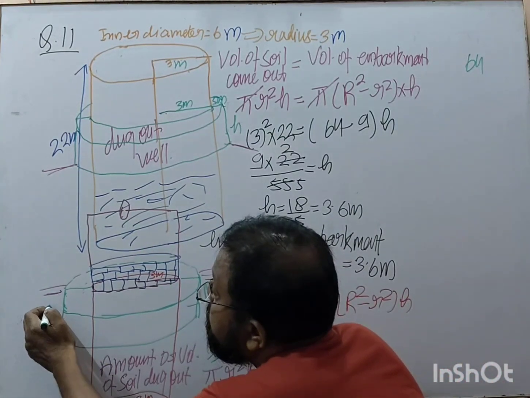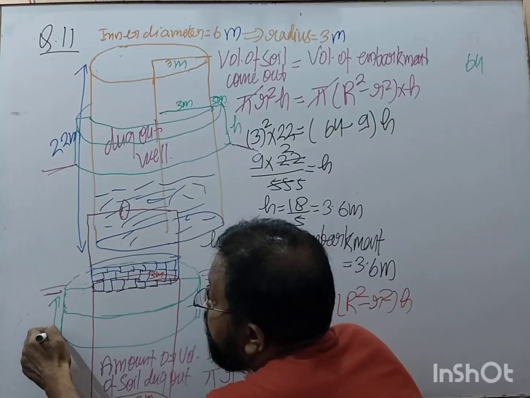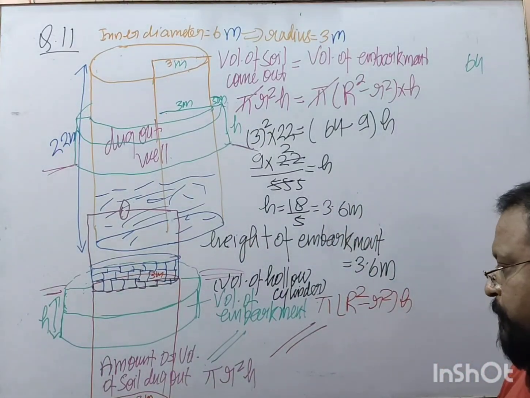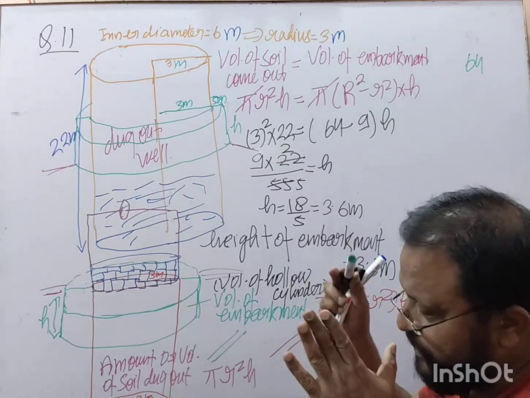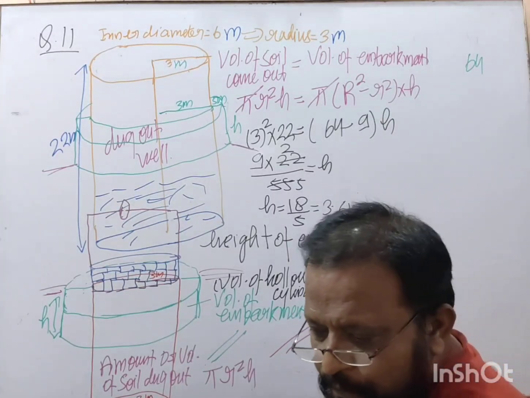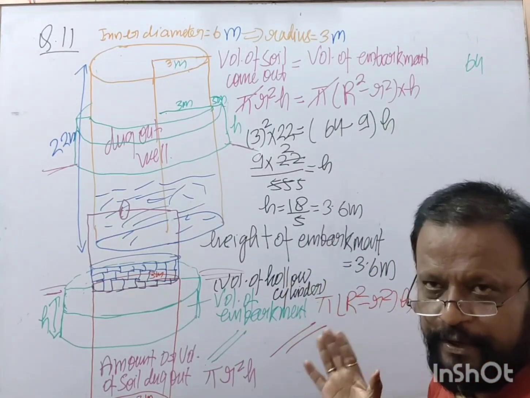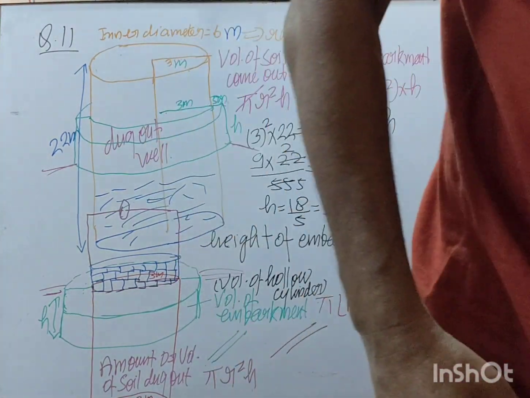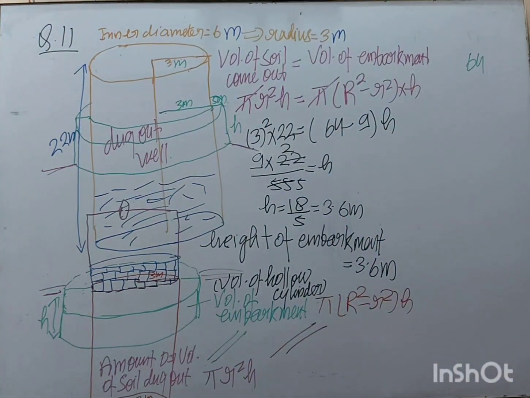This is the whole imagination of what we have done. I hope you understand. So how many have we done? 11.